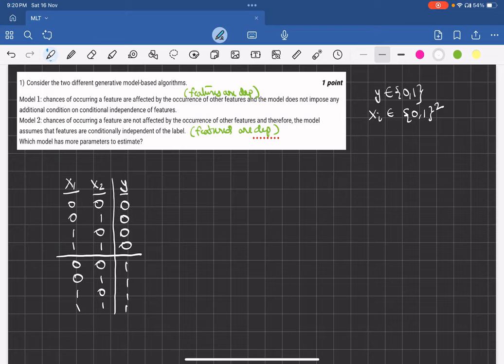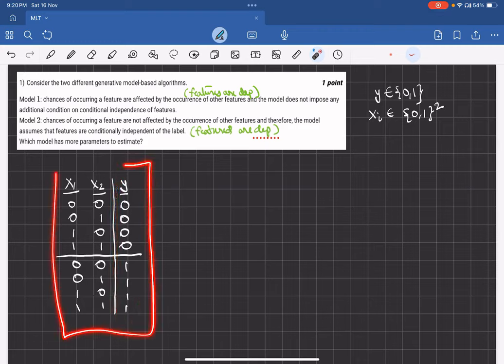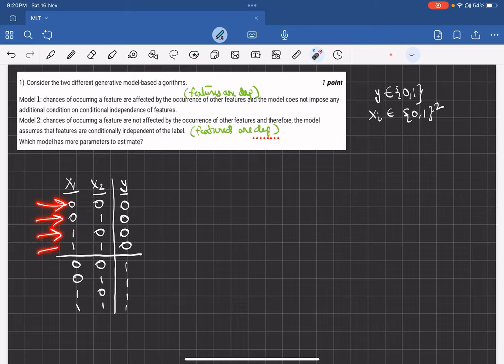Here I have noted down all possibilities of zeros and ones that can ever occur, along with all possibilities of the labels. So every data point that we will ever have will look like one of these rows. That is ideal. And what is our objective?